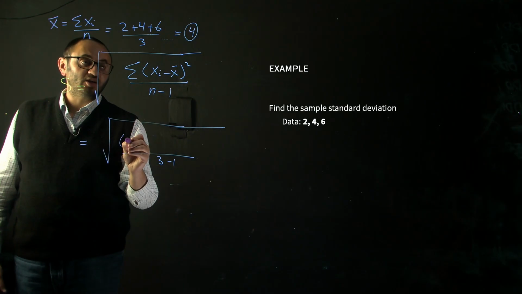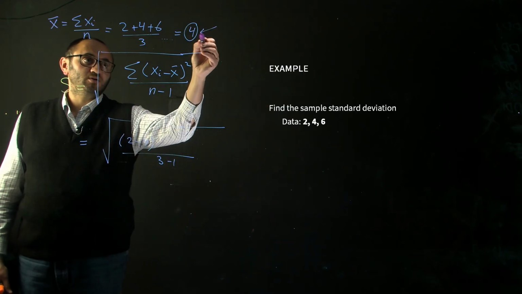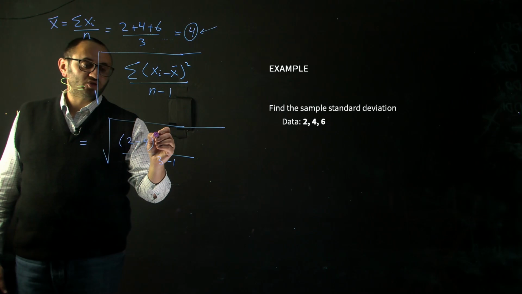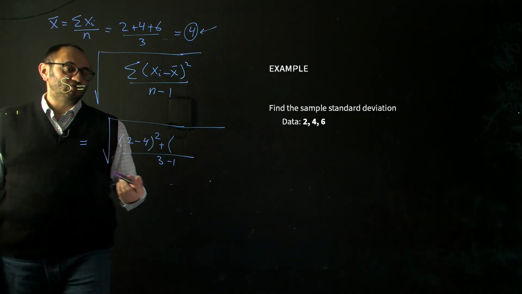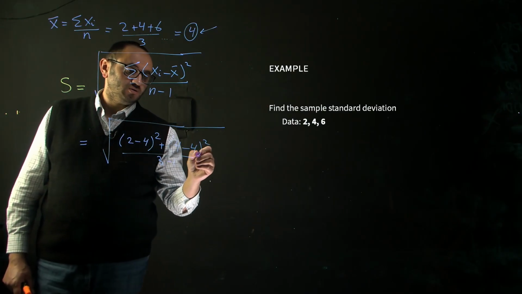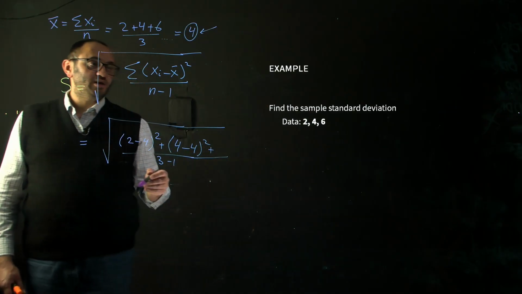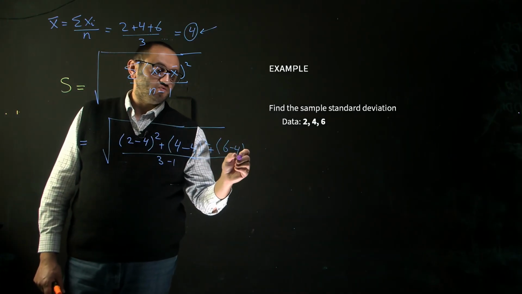So the first xi is 2 minus x bar, which is 4. So 2 minus 4 squared, plus the second value, the second xi is 4. So 4 minus 4, so you can just write 0. And the third xi is 6. So 6 minus 4 squared.